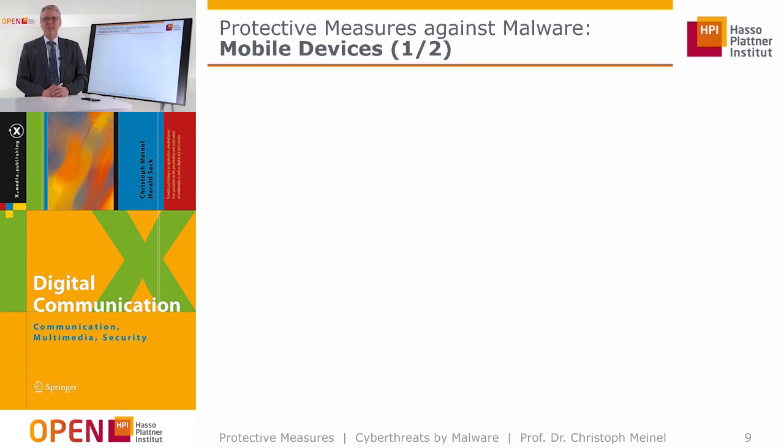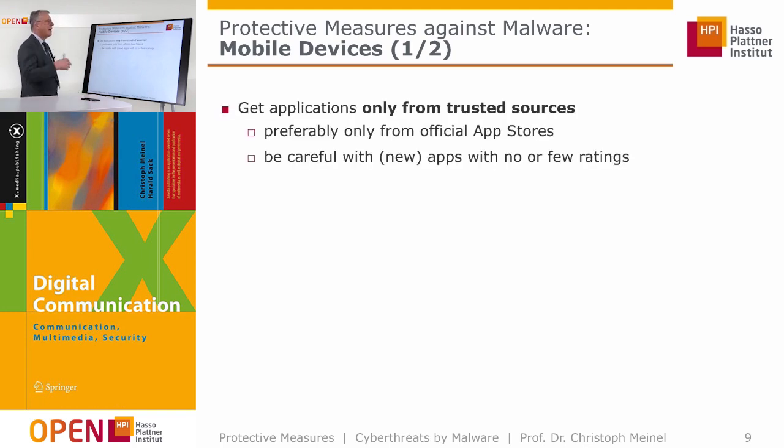Let's mention some protective measures against malware for mobile devices. Mobile devices become more and more common and also provide the possibility to connect to the internet and to run applications in the internet. So get your applications only from trusted sources. Take the applications from official app stores, from the Play Store for Android, or from Apple's App Store.